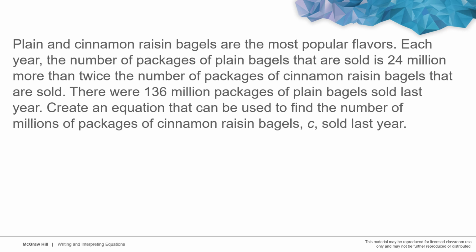So our first thing says each year the number of packages of plain bagels that are sold is 24 million more than. And this is just in millions, so we're going to say 24. How do I write more than? It's addition, yeah. So 24 plus twice the number. What does twice mean? 2 times. So 2 times the number of packages of cinnamon raisin bagels.